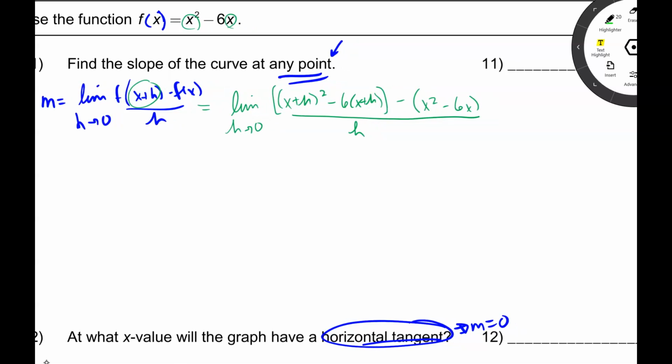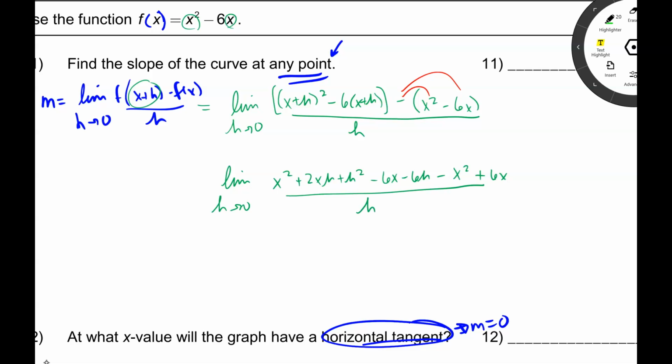So let's go ahead and simplify this out. x squared plus 2xh plus h squared minus 6x minus 6h. Do not forget to distribute that negative out on the second part, all over h. Okay, so it's the same process every time.